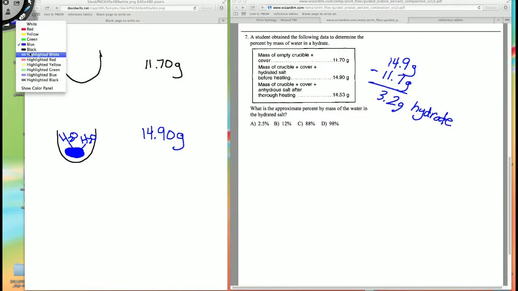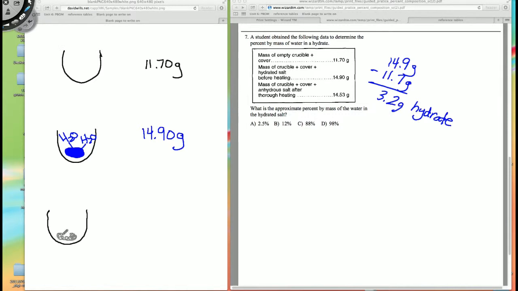Now I'm going to heat it, and after I heat it, the hydrate is going to turn gray because the water molecules are no longer there. They left. They went on vacation. And that weighed 14.53 grams. Okay? 14.53 grams means that the water is gone. So the difference between this and this, where there is water and where there isn't water, is going to give me the mass of my water that left.